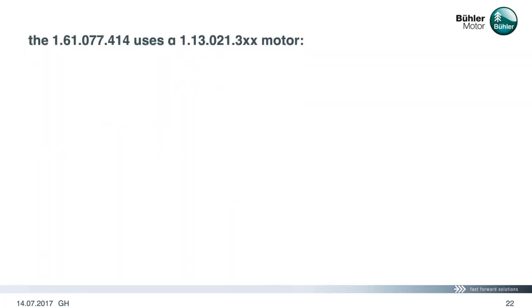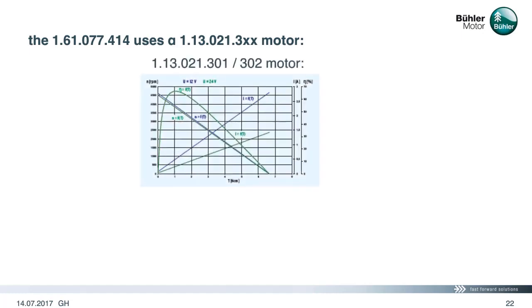We know that the 61077-414 gear motor uses a 13021 3XX motor, where we can look at the performance curves of 13021, 301 or 302 for instance.